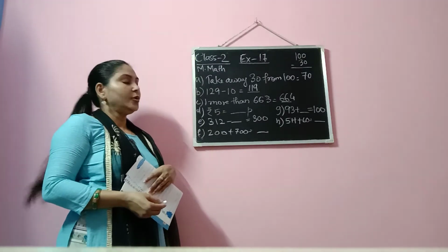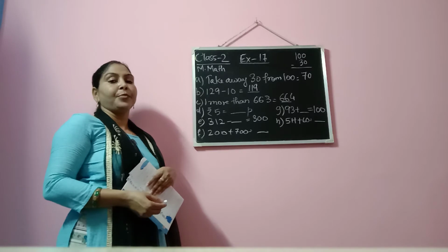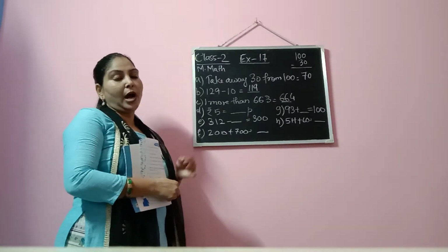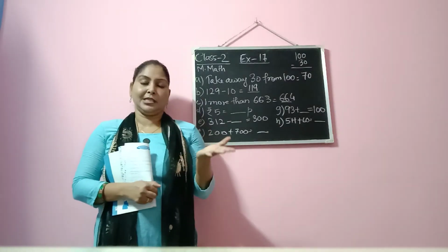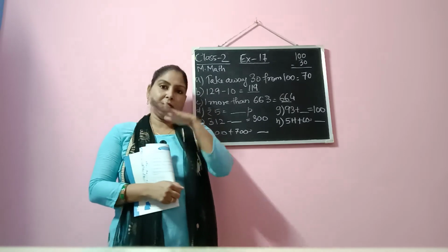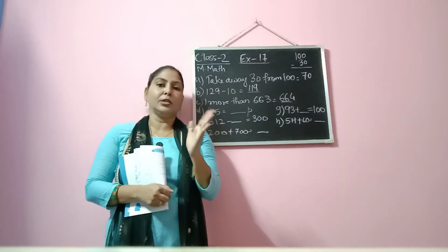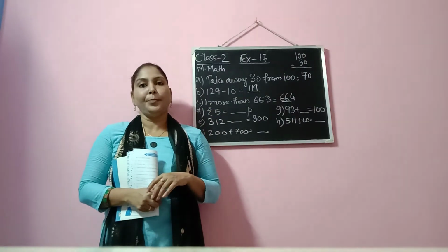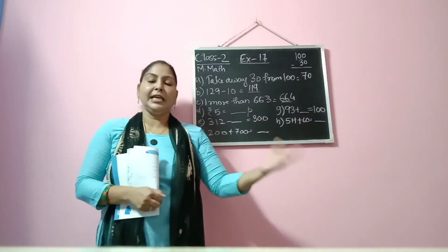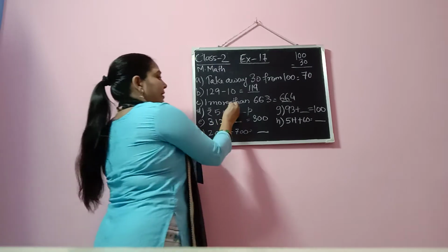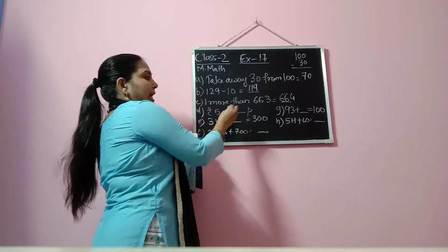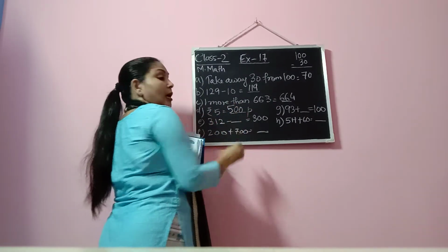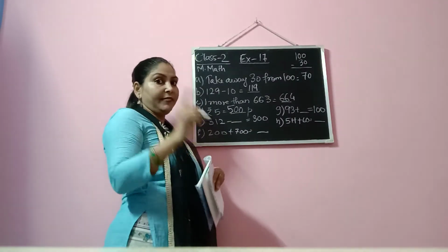Rupees 5, you have to convert into paise. I told you how to convert paise into rupees: from the right side, count 2 digits and put a dot. To convert rupees into paise, we write the number and then add 2 zeros. Only 2 zeros, whatever the number is.